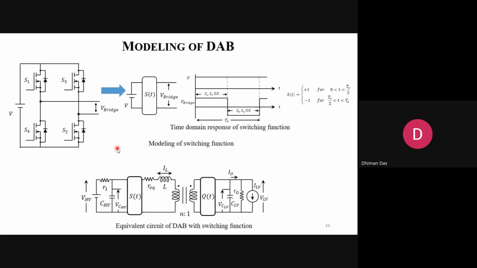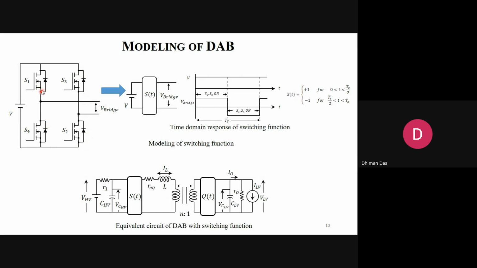Now when you analyze the bridge, you can replace the whole bridge with a switching function. This is the first harmonic approximation, which is widely used when you analyze any converter.